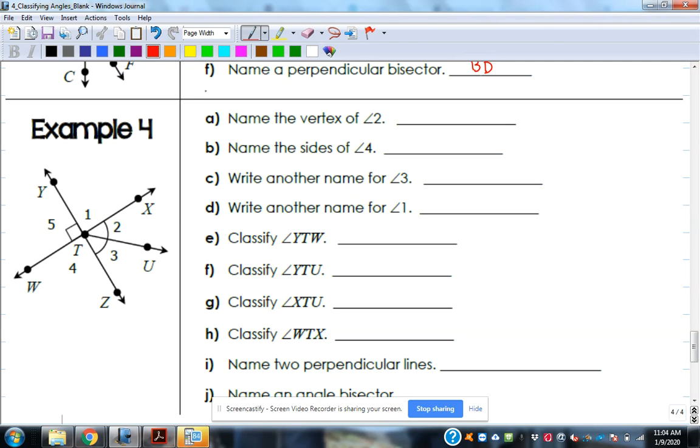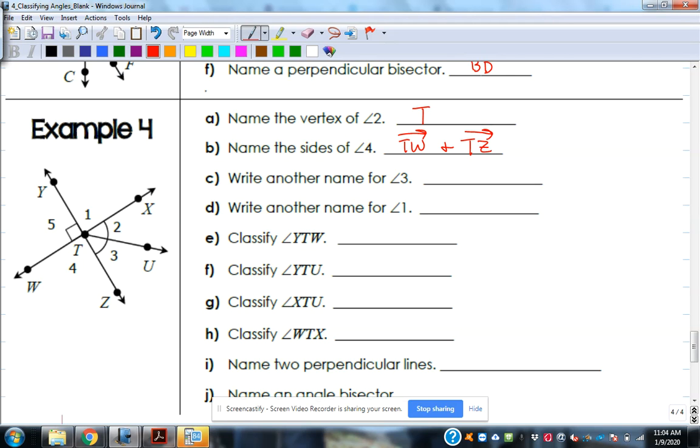So when we look at that one, it says name the vertex of angle 2. Point T. Good job. Name the sides of angle 4. Ray TW and Ray TZ. Good job.